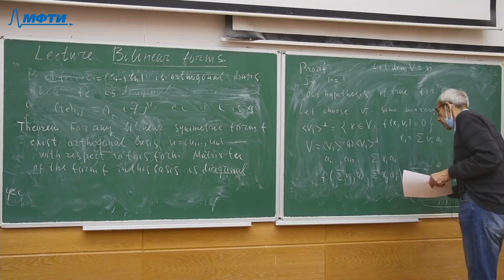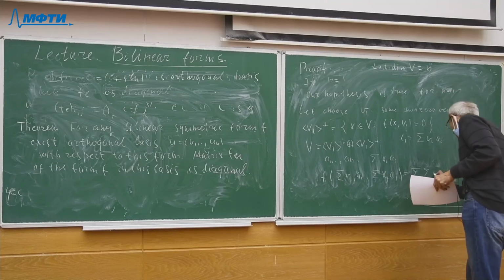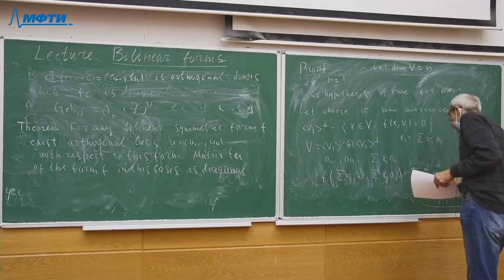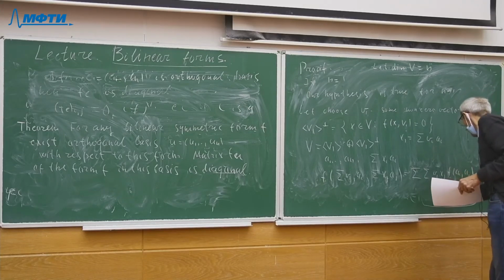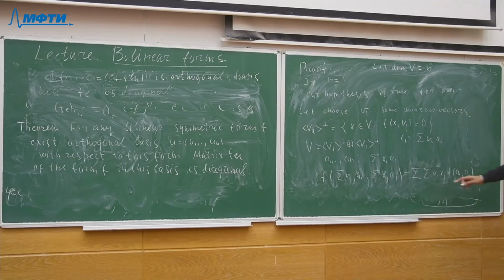A double sum of vi xj fij, and we obtain a non-zero linear equation, where the unknowns of this linear homogeneous equation are the xj.